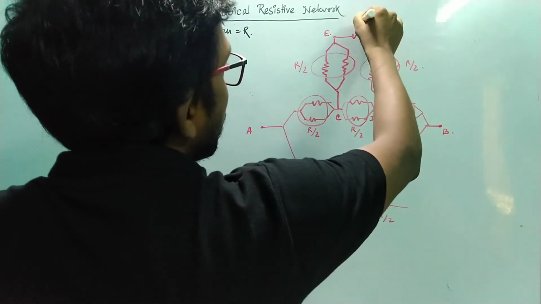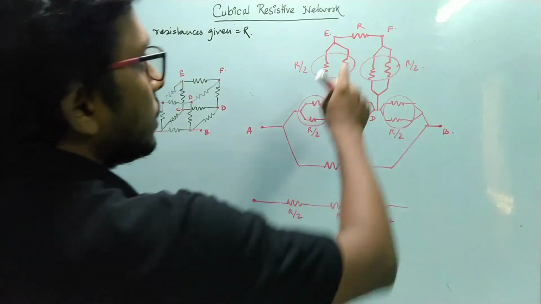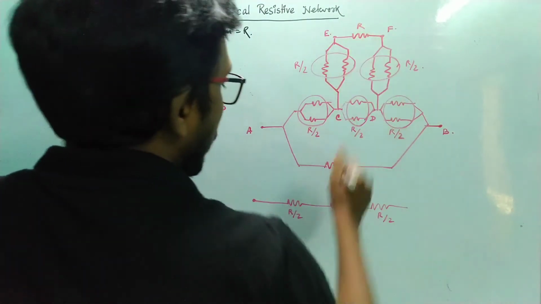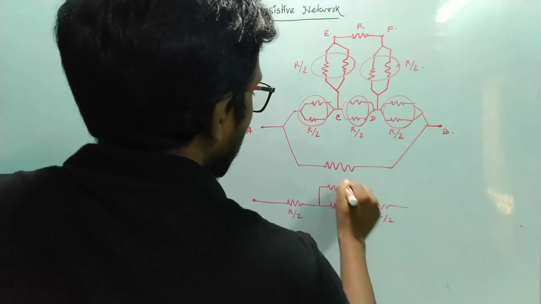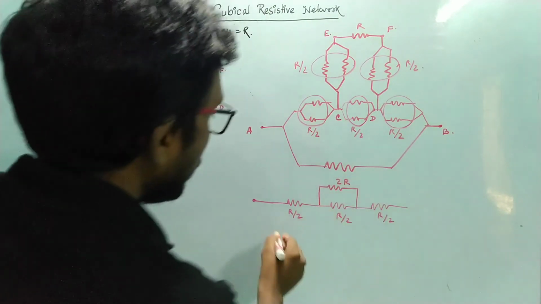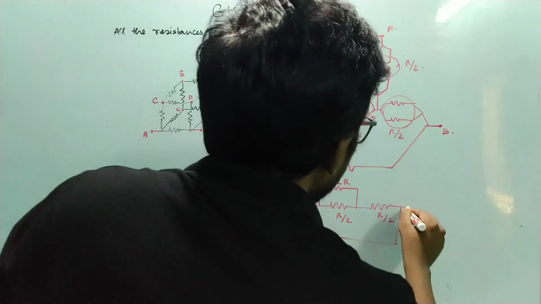This R and this R by 2 are in series. So I can say that is R plus R, that is 2R. So this is 2R and this is simply your R.